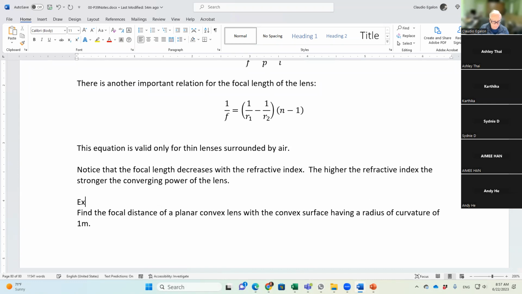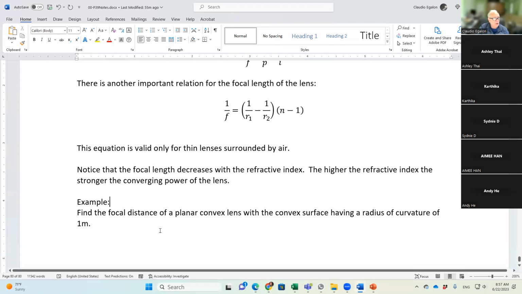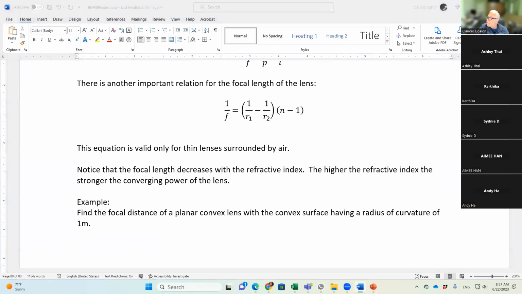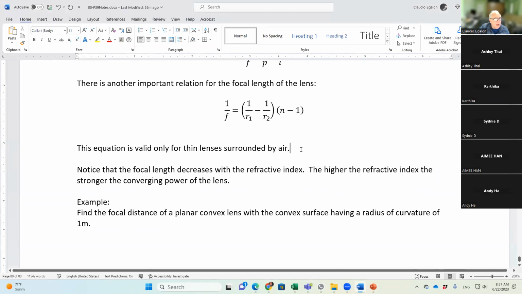Example. So we have two surfaces here. Okay, by the way, I gotta tell you something else too.